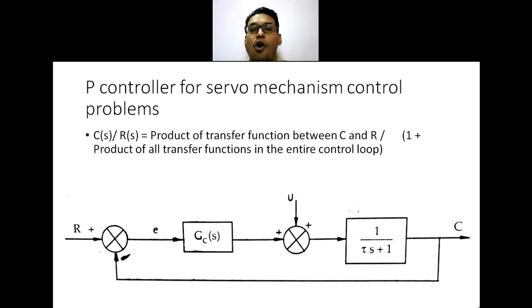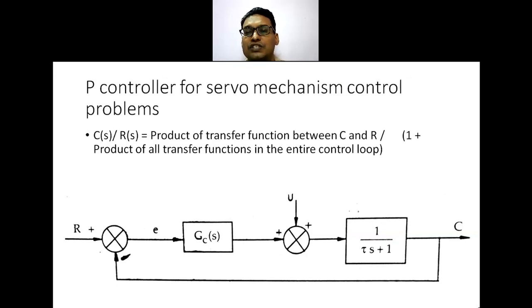And we have already studied in block diagram reduction what the transfer function for the servo mechanism control problem will be.